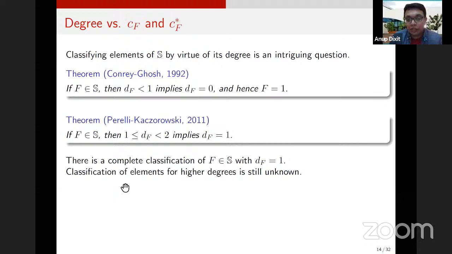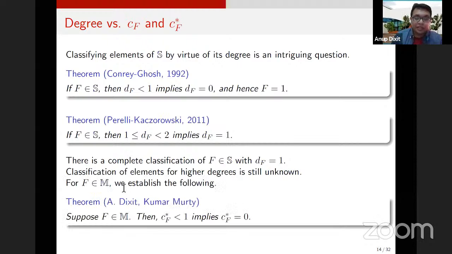If one wants to raise the same questions for the class M, we have the following. This is joint work with Kumar Murthy. If you have an element in M, then CF star cannot take values between 0 and 1. This becomes significantly harder to show when you are just working with degree, but nevertheless it is true, and it follows from certain works of Landau.